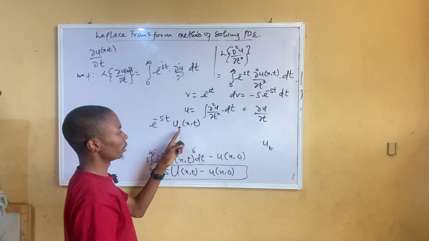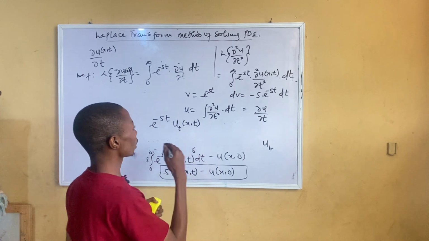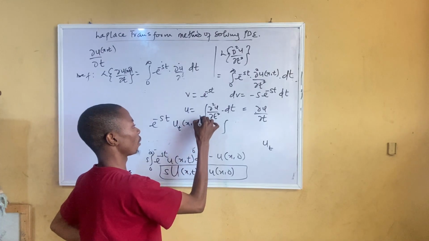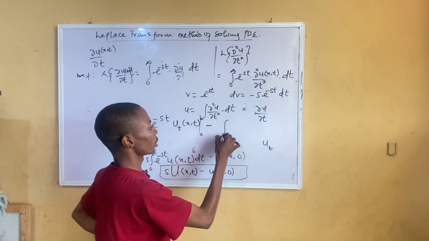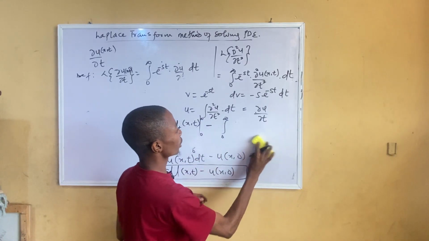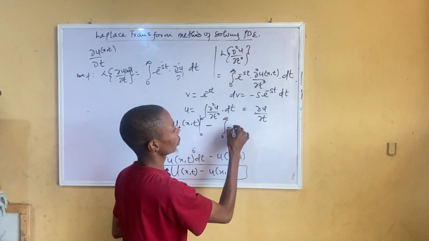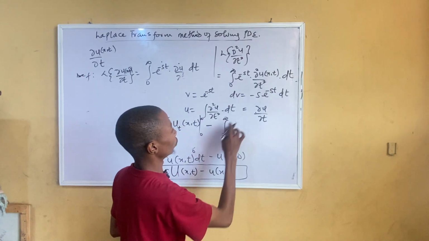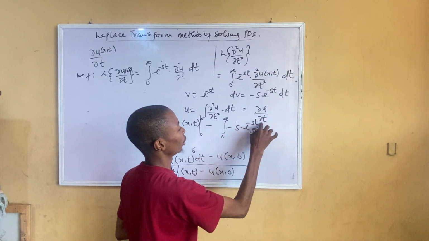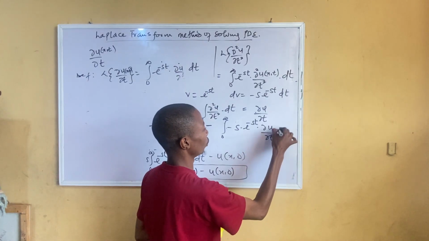Then minus the integral from 0 to infinity of u and dv, that is minus s e to the minus st multiplied by du dt with respect to time.